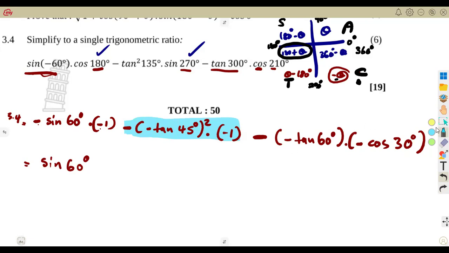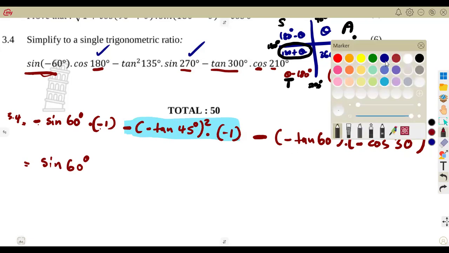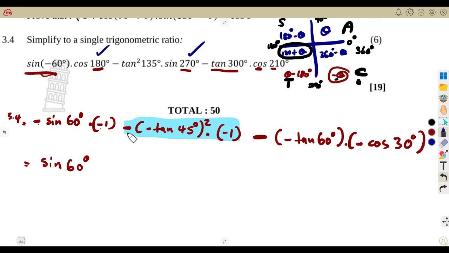But take note there, how it's going to be like, it's going to be what? Negative, this negative times this negative, so it will be positive. Remember, when a negative is being squared, it's going to be positive. So it's going to be positive tan squared 45, or just tan 45 squared, all right?